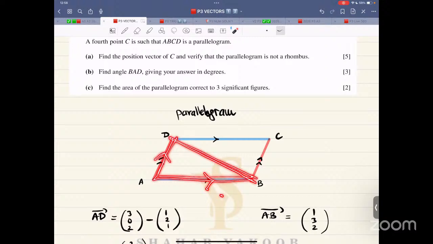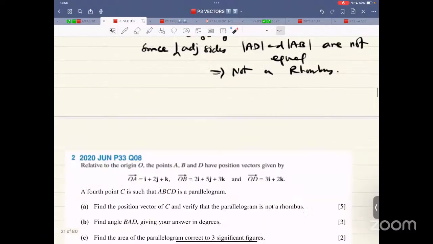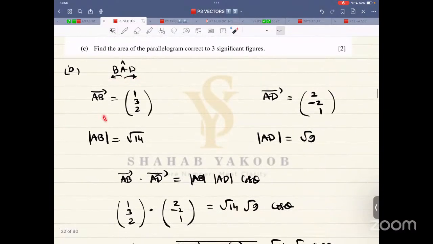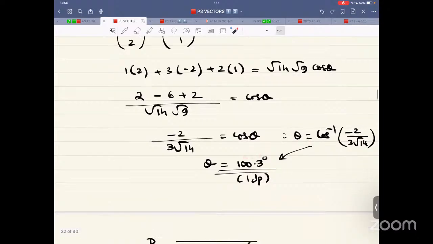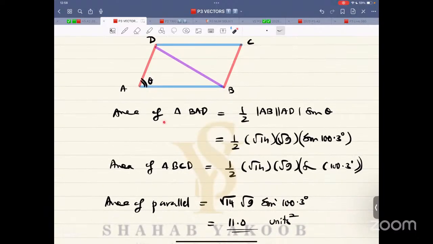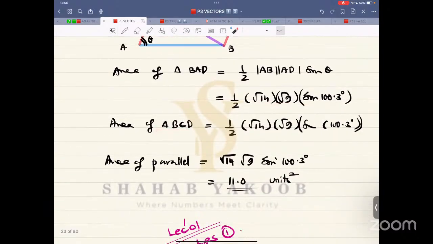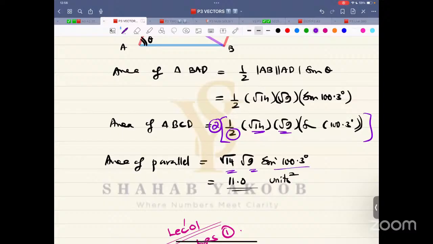Then find the area of this triangle, half AB sine C. Double it, and you find the area of the parallelogram, because these two are congruent triangles. So the half cancels out: root 14, root 9, sine of this angle. That is the answer.